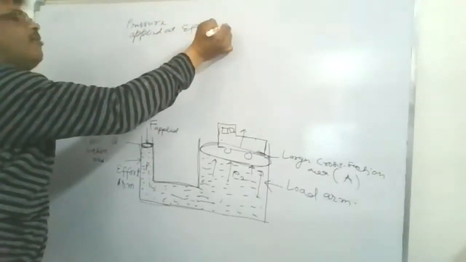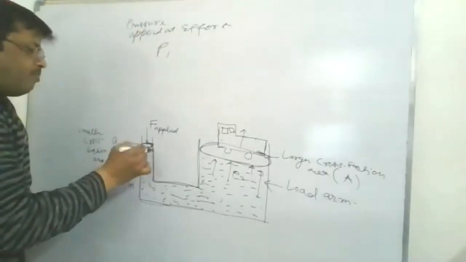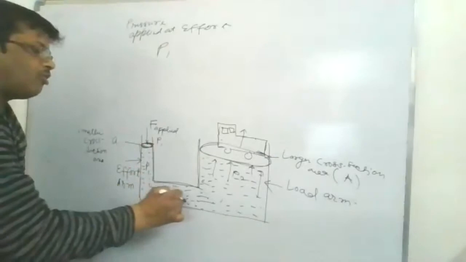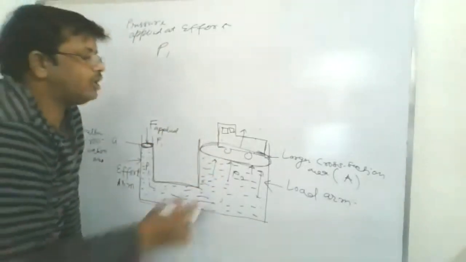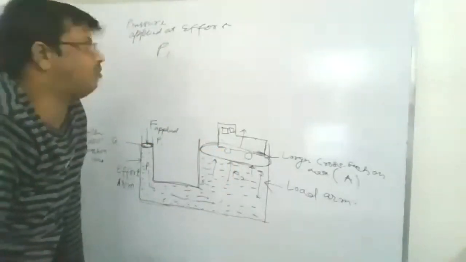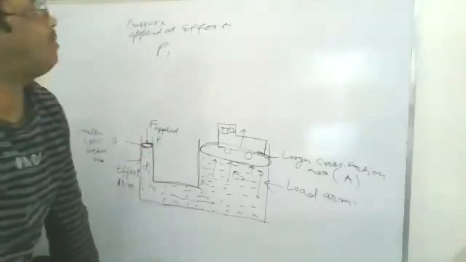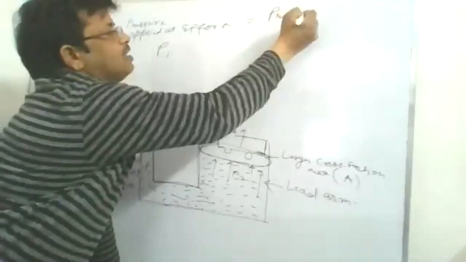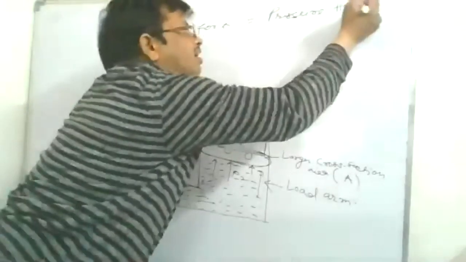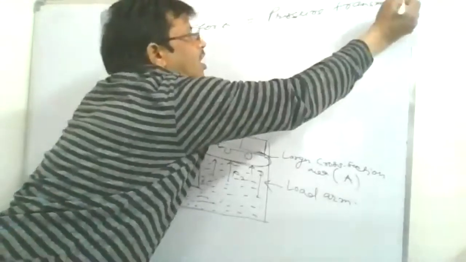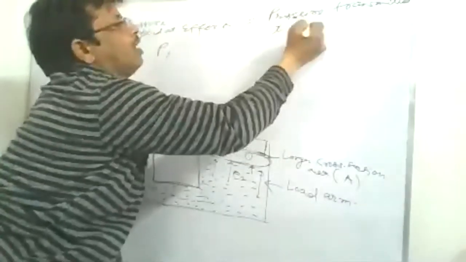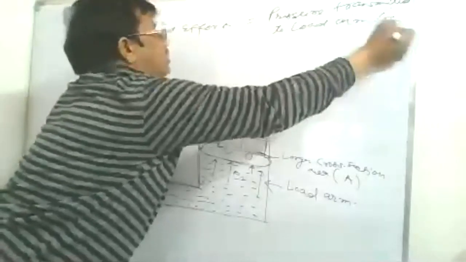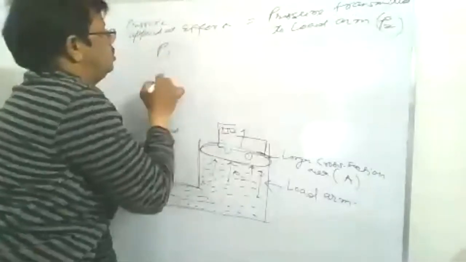The pressure applied at the effort arm is P1, applied by force F1, and this pressure reaches the load arm through the fluid. The pressure transmitted to the load arm is P2, and P1 is equal to P2.